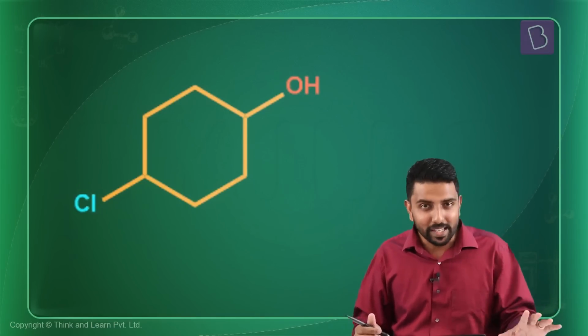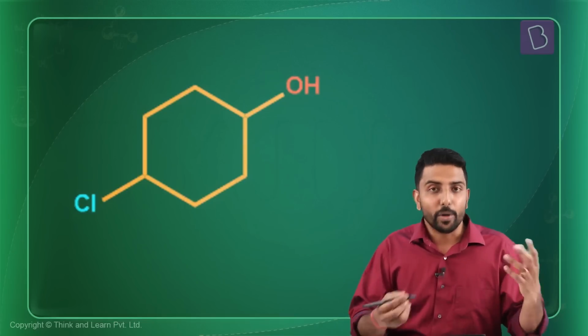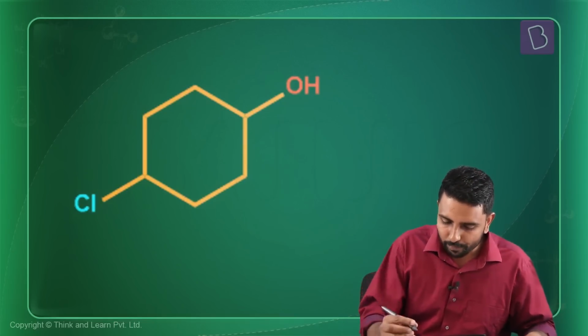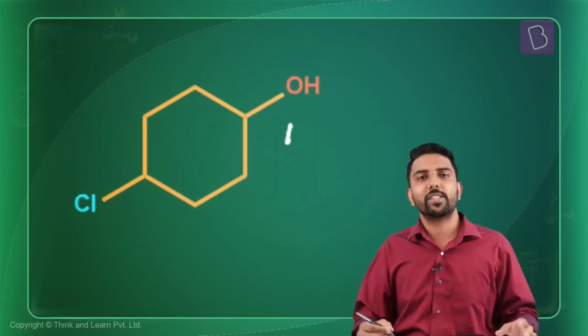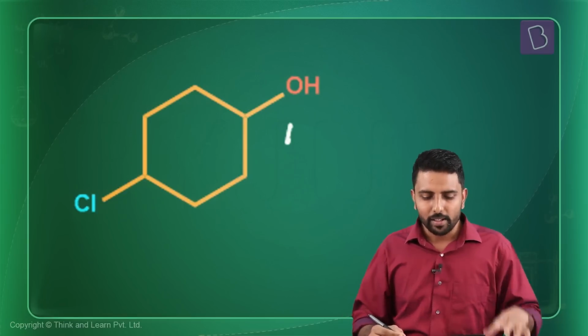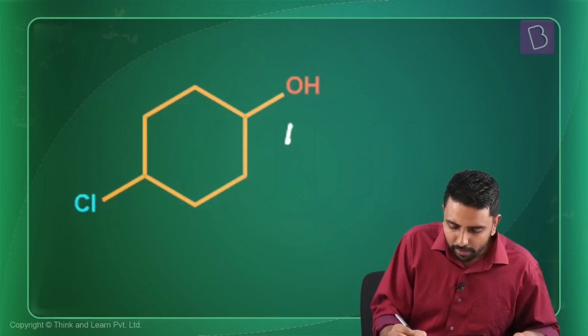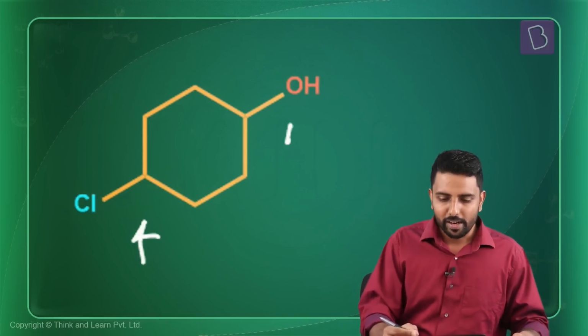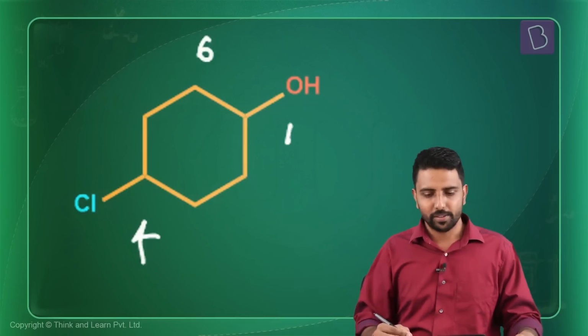So we start numbering this ring at the carbon bearing the OH group. That carbon is numbered 1. From then onwards, the carbon bearing the chlorine atom happens to be carbon number 4.